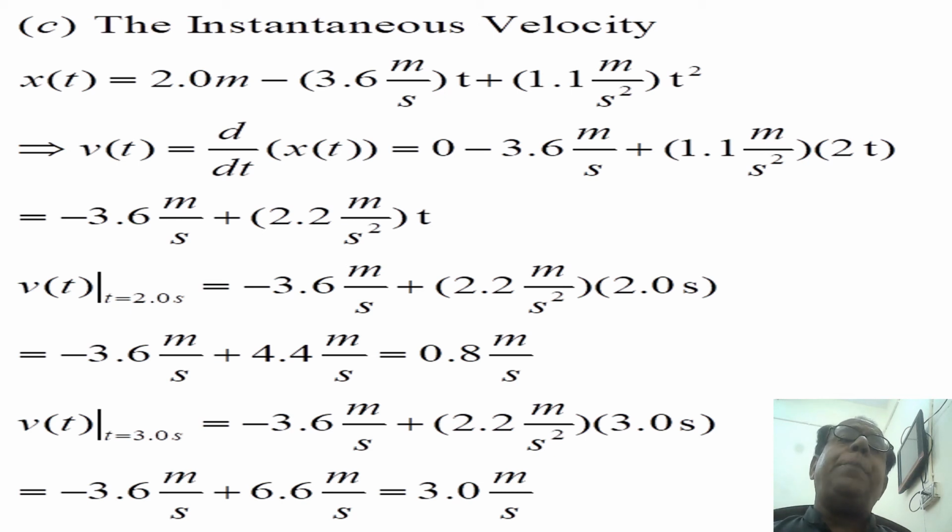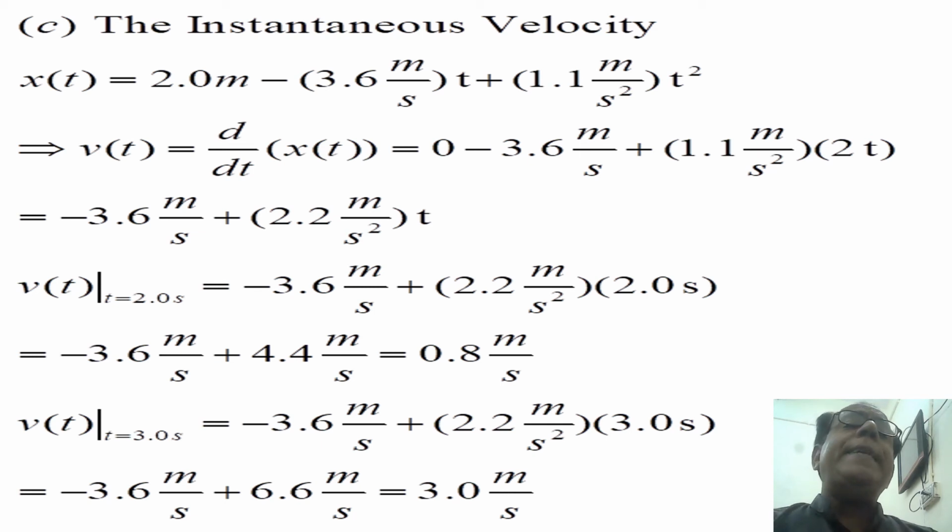This is the value of v(t), but we are not concerned with this general expression. We are concerned with its value at t equal to 2.0 second and at t equal to 3.0 second. So in the next step, we put t equal to 2.0 second.